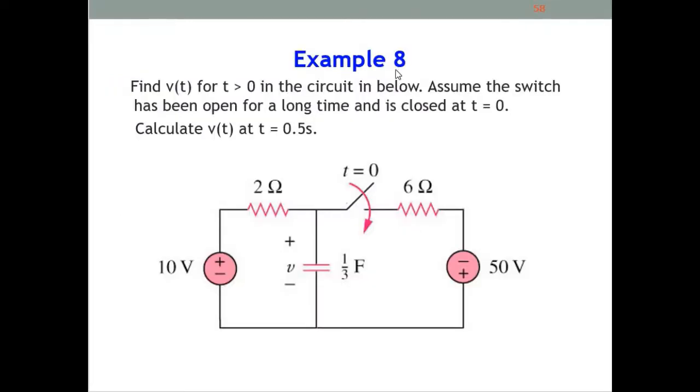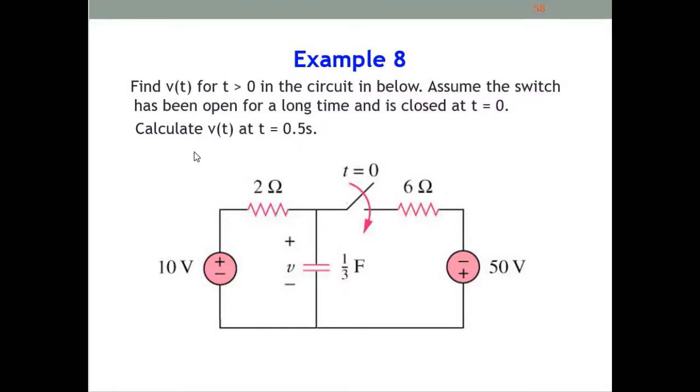Let's continue with example 8. Find V(t) referring to the V capacitor for t more than 0 in the circuit below. Assume the switch has been open for a long time and is closed at t equal to 0. Calculate V(t) at t equal to 0.5 seconds.